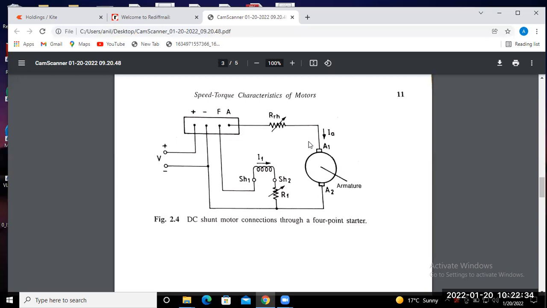So this is the schematic diagram of the connection, how we can supply and start the DC shunt motor, and after that we put the voltage equation. If you put the voltage equation, then you will get that relationship. So we will see all these things in the next class.